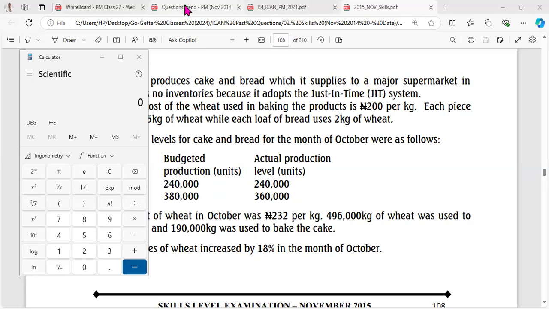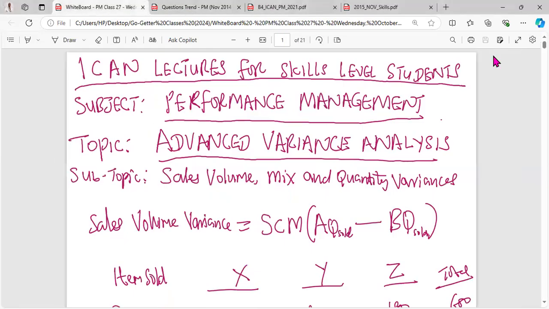We have been discussing the topic advanced variance analysis. So that's where we are since the last class. We talked about sales volume, sales mix and quantity variances, right?